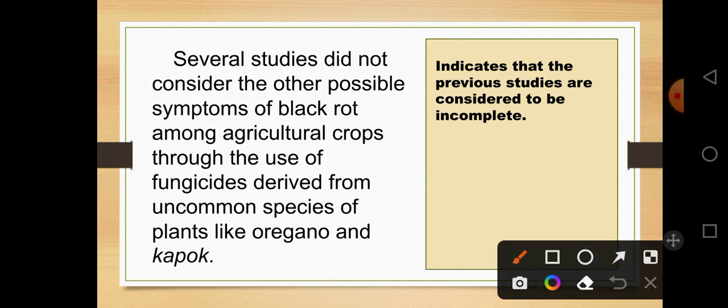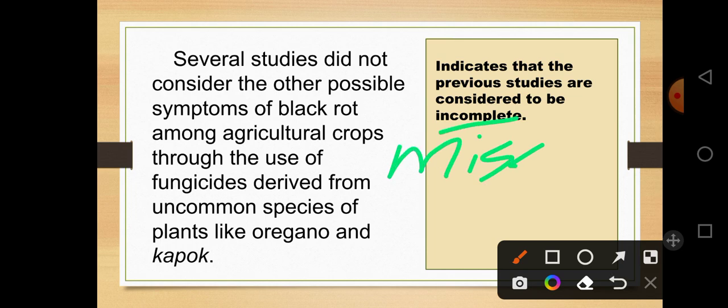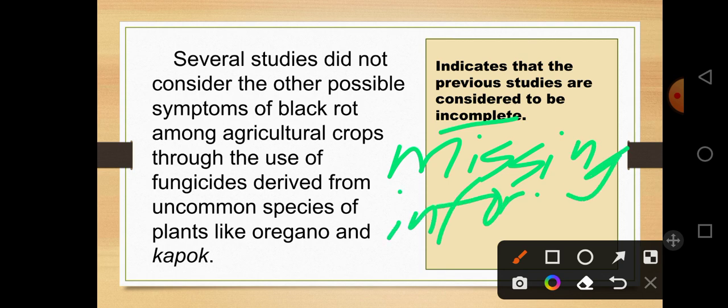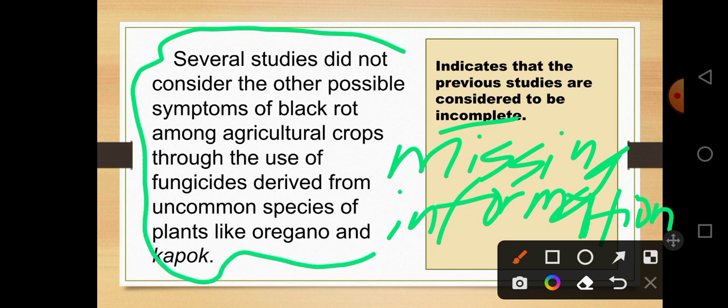Why? A study is considered to be incomplete if it has missing information. So meaning to say, class, if a study has missing information, this will indicate the weakness of the previous studies.